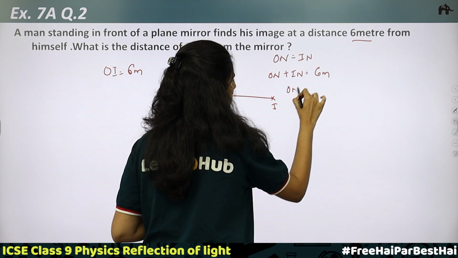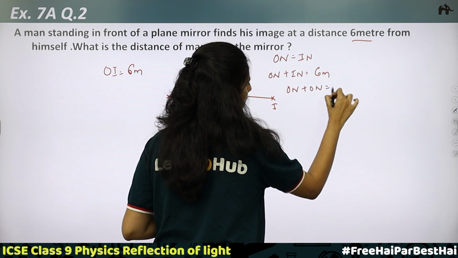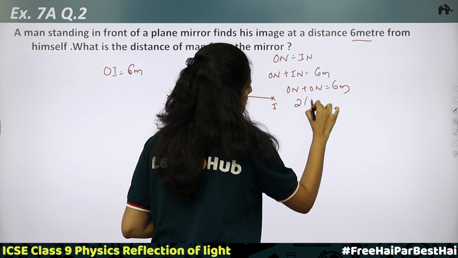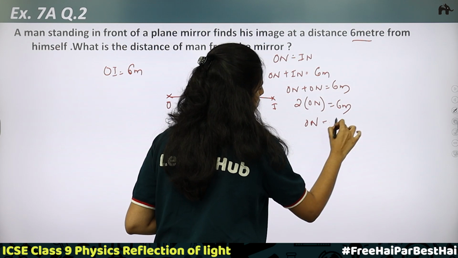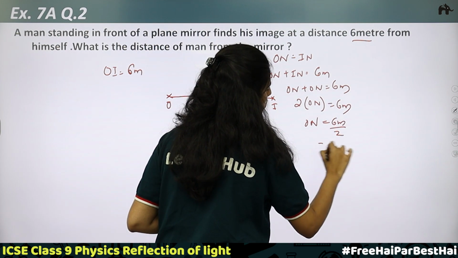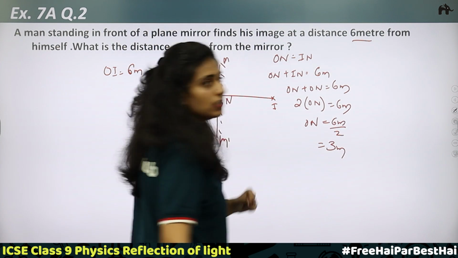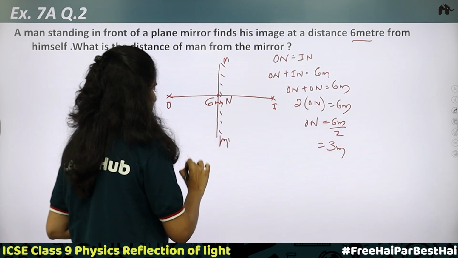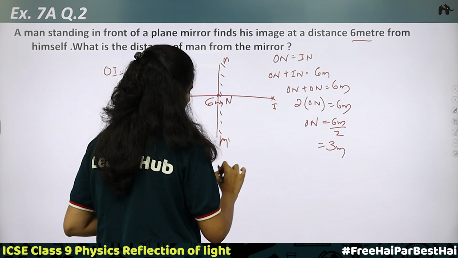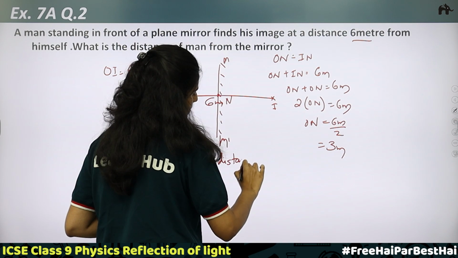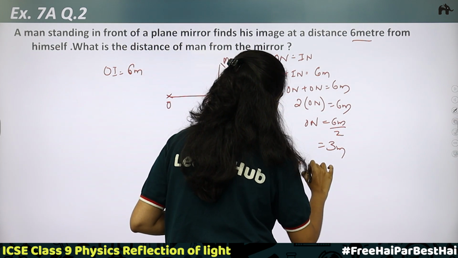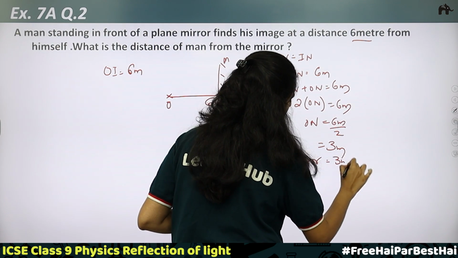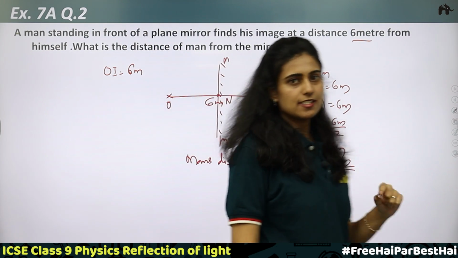Substituting, you get ON plus ON is equal to 6 meters. 2 times ON is equal to 6 meters, which means ON is equal to 6 meters divided by 2, which is 3 meters. Therefore, the man's distance from the mirror is equal to 3 meters.